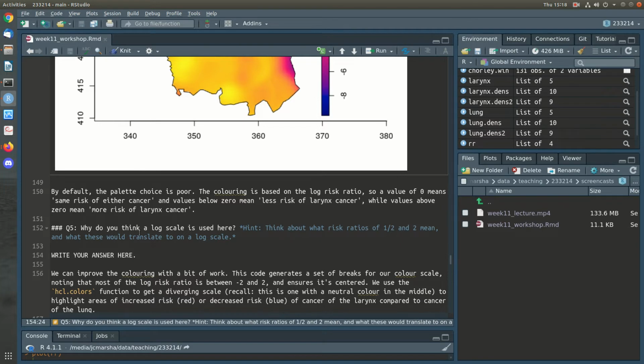So I've already answered this question here. Why do you think a log scale is used here? Well, I didn't answer it really, did I? But there's a good hint there.